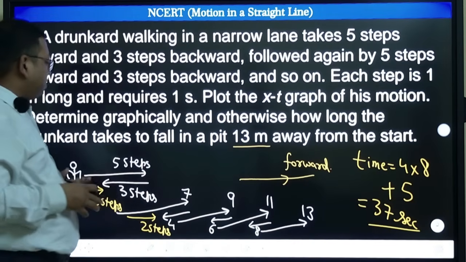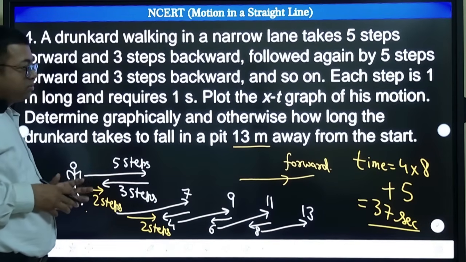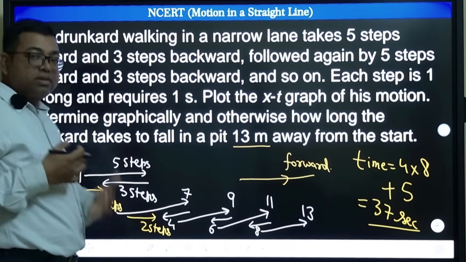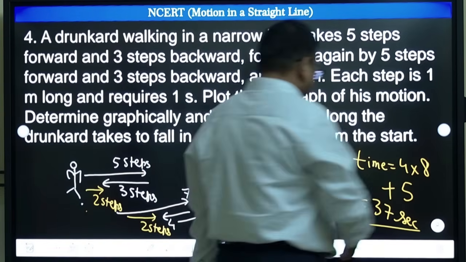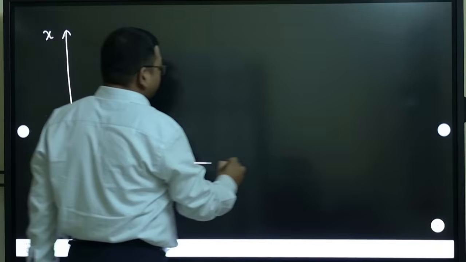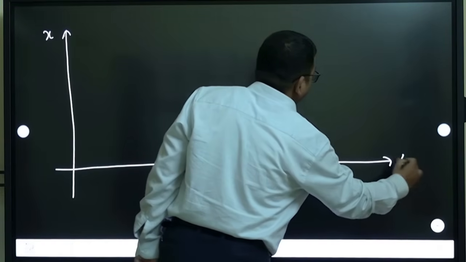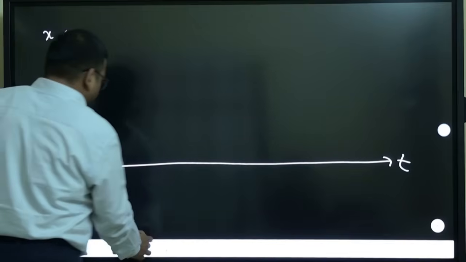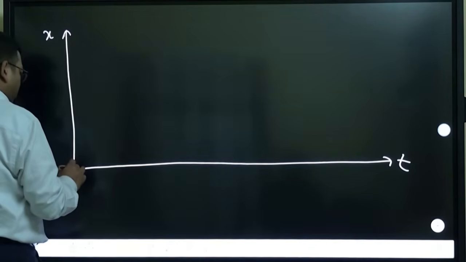Now they have not asked to follow the graph, but let us think of the graph. Let us try to make it using a graph. So this is an x-t graph. We are trying to draw the x-t graph. You will start from here.